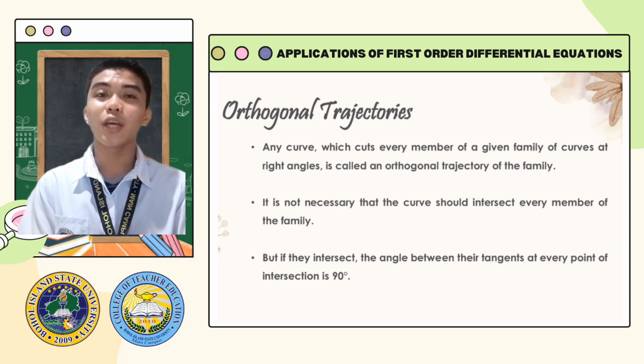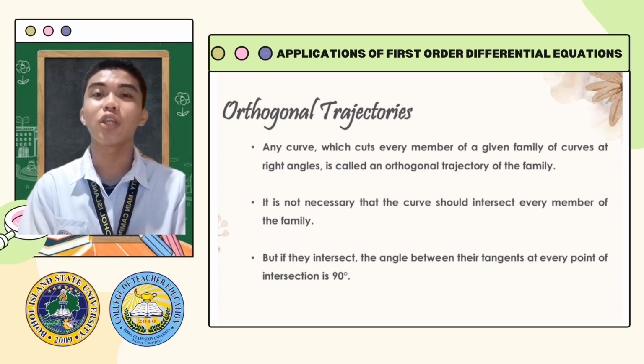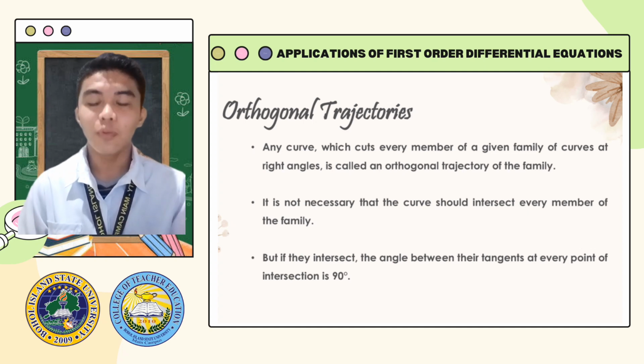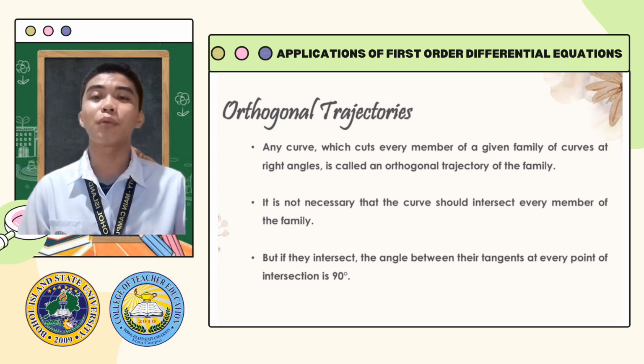But if they intersect, the angle between their tangents at every point of intersection is 90 degrees. Orthogonal means perpendicular to each other, so for orthogonal trajectories, we have a point of intersection which is 90 degrees or a right angle.